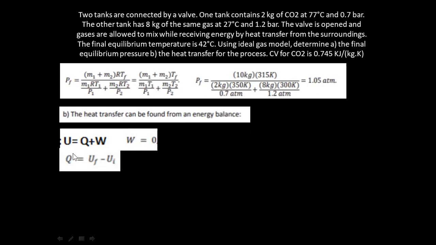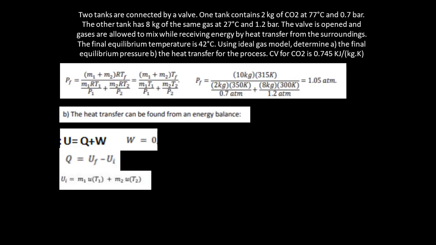If we're going to further expand the change in internal energy, it is equal to UF minus UI, or the final internal energy minus the initial internal energy. Final internal energy stands for the internal energy after mixing of the gases, minus the internal energy prior to mixing of the gases when the valve was closed.